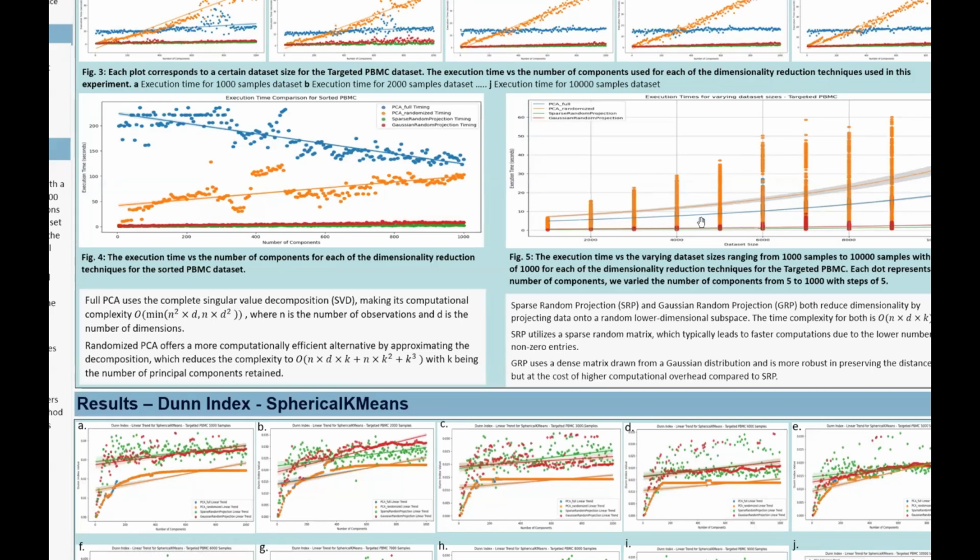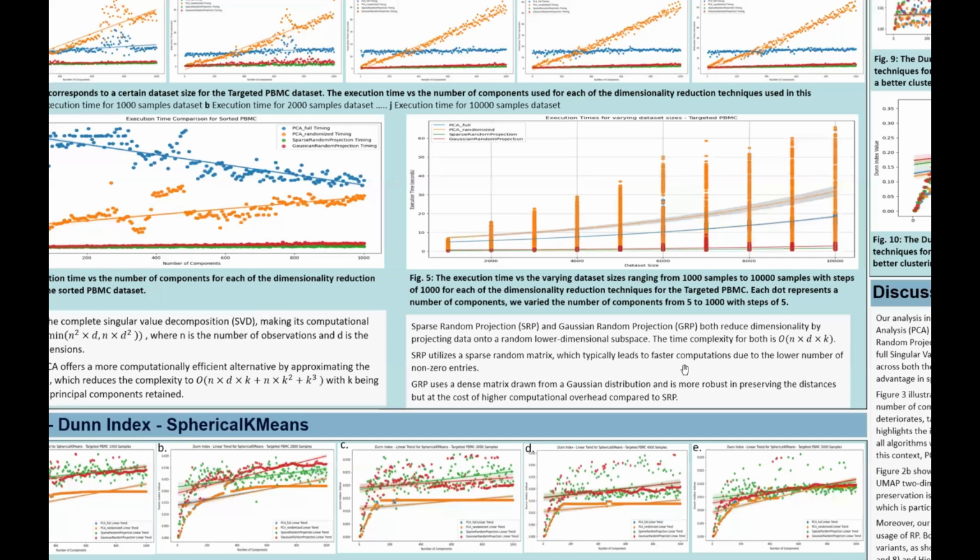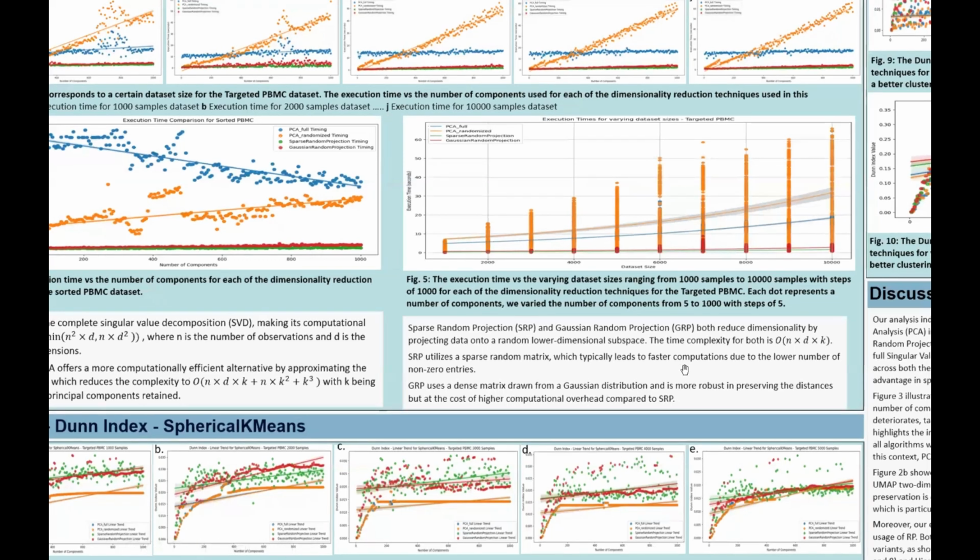We know that the time complexity for both sparse random projection and Gaussian random projection is big O of n by d by k. n is the number of data points, d is the number of original dimensions, and k is the number of projected dimensions or targeted dimensions.